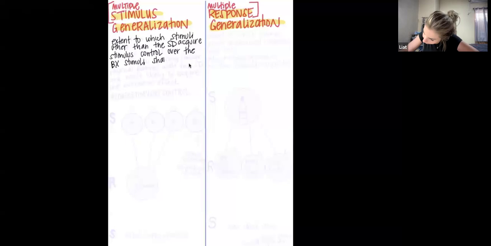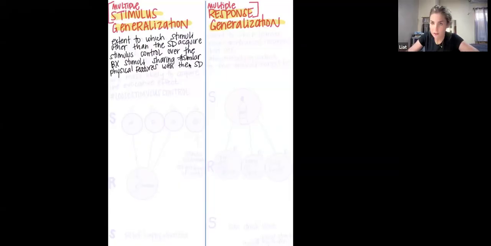Stimuli sharing, hashtag, we use hashtags when we want to remember things, similar physical features with the SD. Okay. So with the original stimulus that was taught are most likely to acquire the evocative effect.